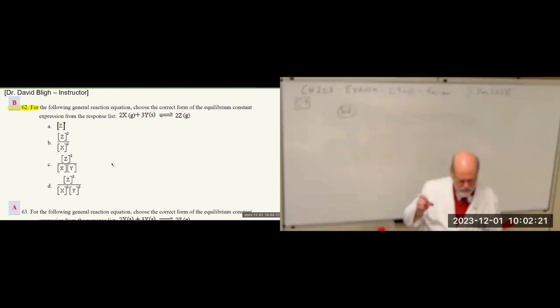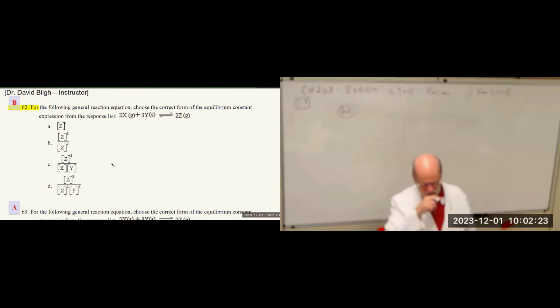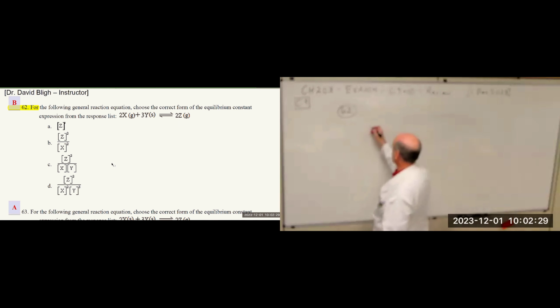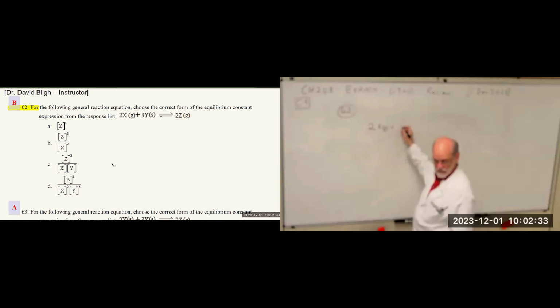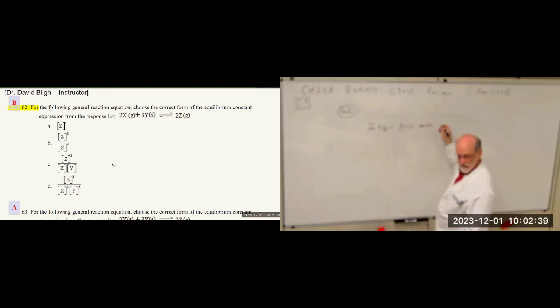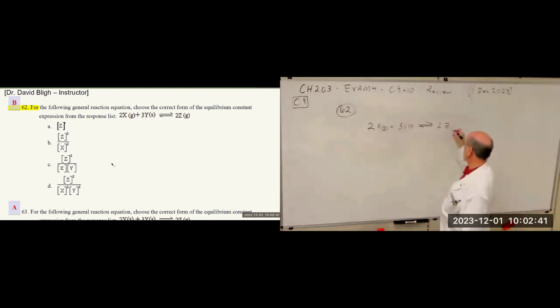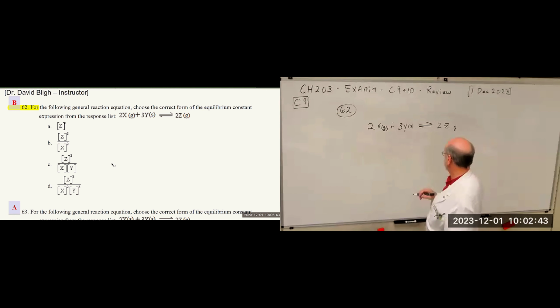All right, following general reaction equation, choose the correct form of equilibrium constant expression for this one. All right, so we've got the generics. This is a gas, and this is a solid, and this one is a gas. Right? So we're not going to use this one. We have to use these two.